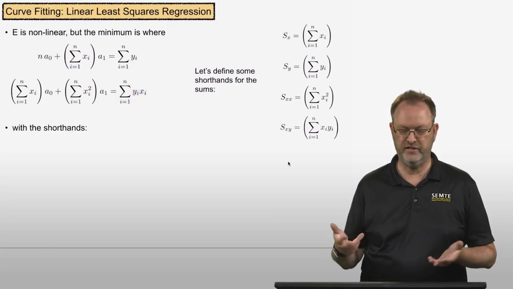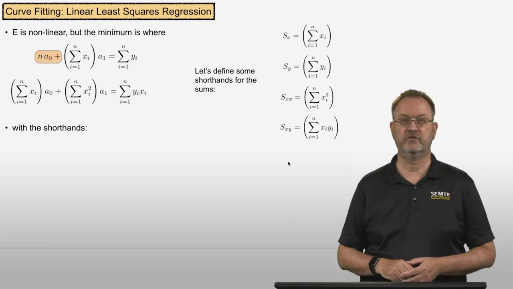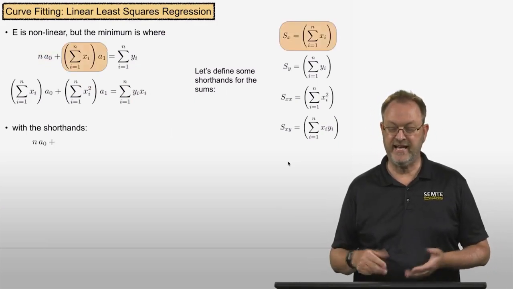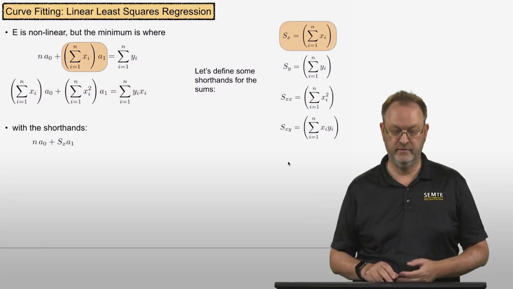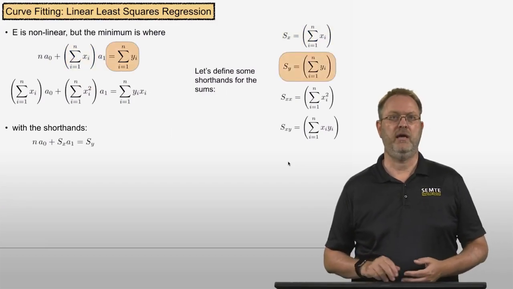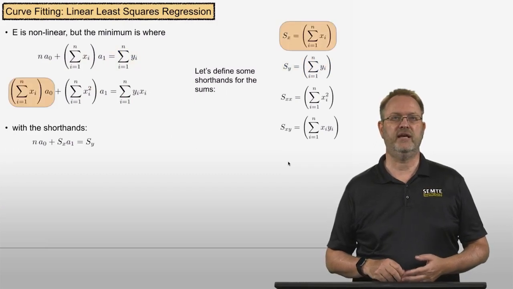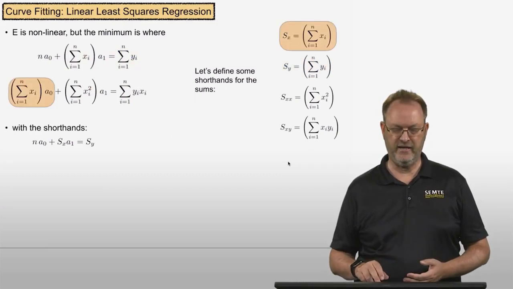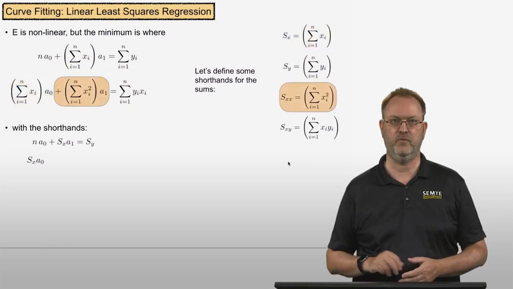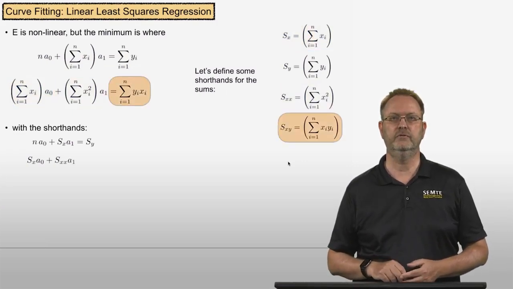Okay, so then with these shorthands, this equation looks like n times a0 plus Sx times A1 is equal to Sy. And the second equation is Sx times A0 plus Sxx times A1 is equal to Sxy.